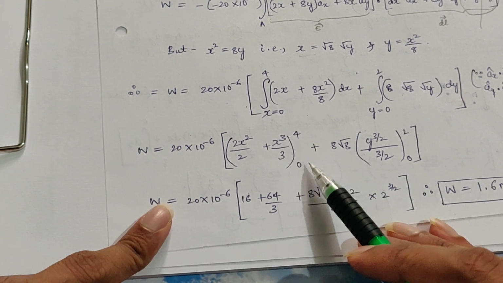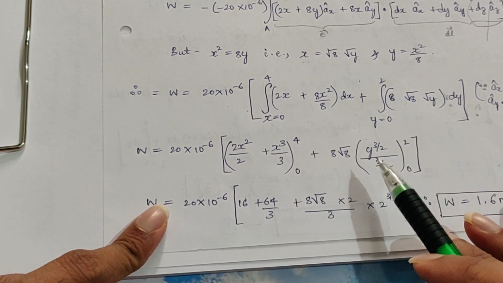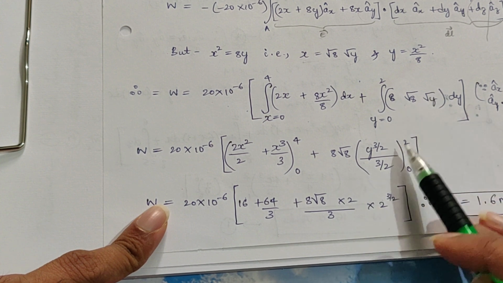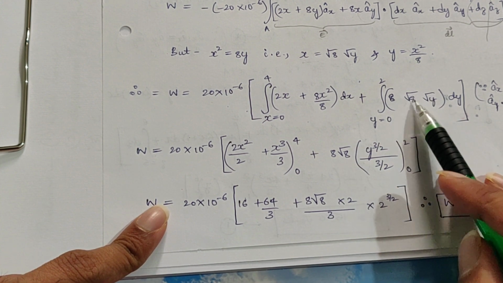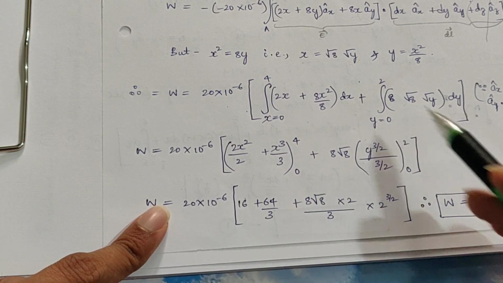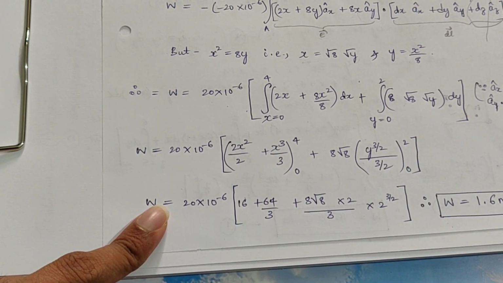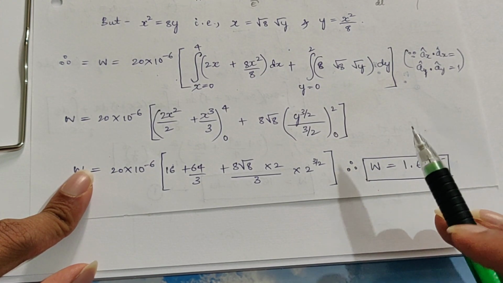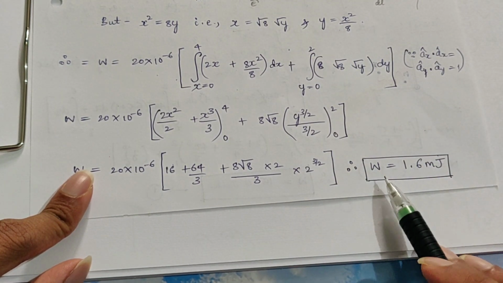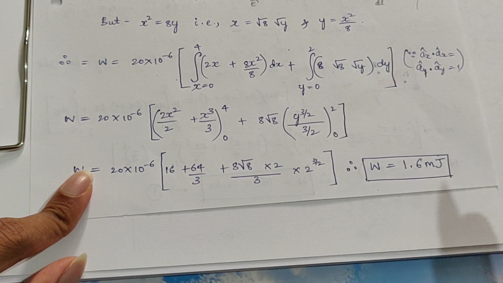The limits are from 0 to 4, and I do the same here. If you simply solve it, the final answer for the work done in moving a charge from point A to point P will be W is equal to 1.6 millijoule.